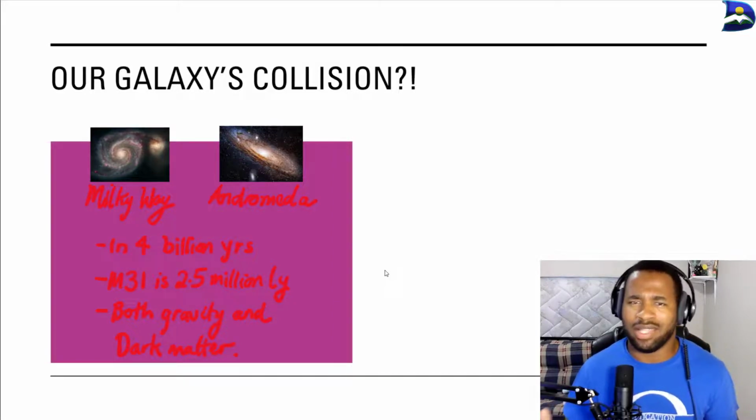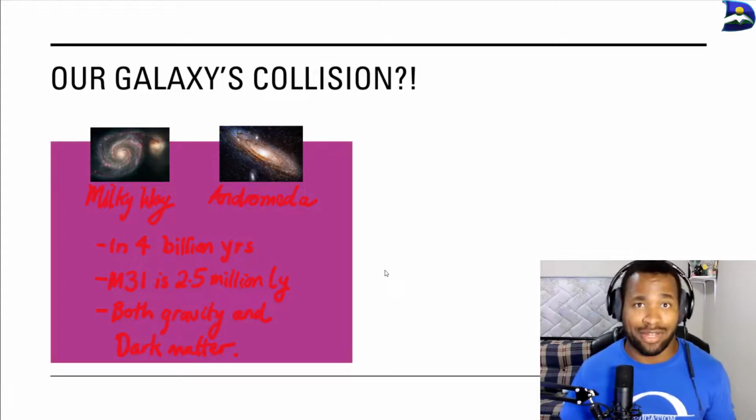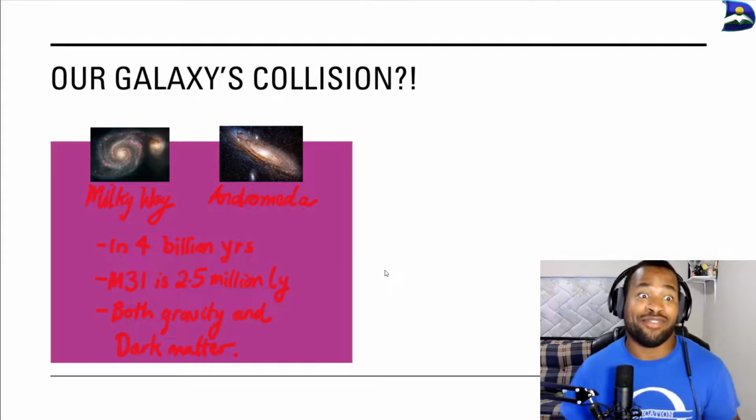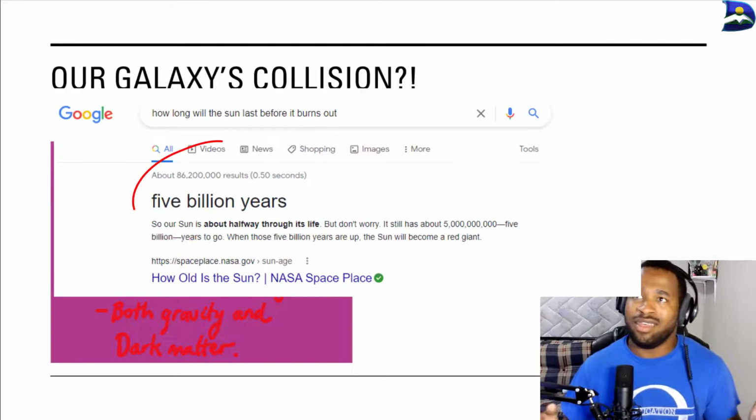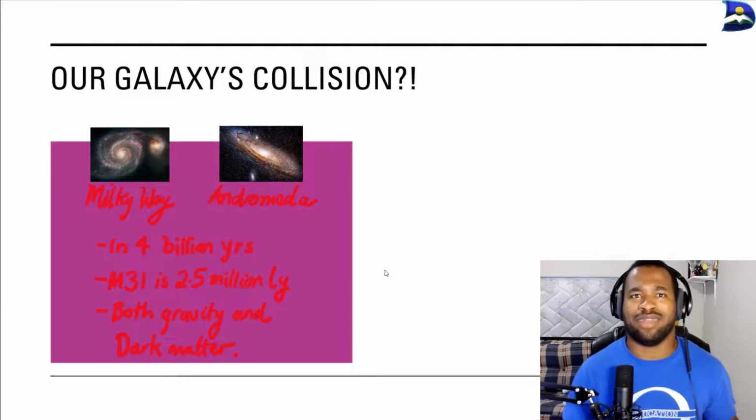Only time will tell in that particular case. Are we going to live to that particular point in time, 4 billion years away? I don't really know. Will our star survive another 4 billion years before this event happens, or will our star become a supernova by then? We don't really know at all. So it's going to be interesting to see this effect in the future, but it's a cool thing to see.